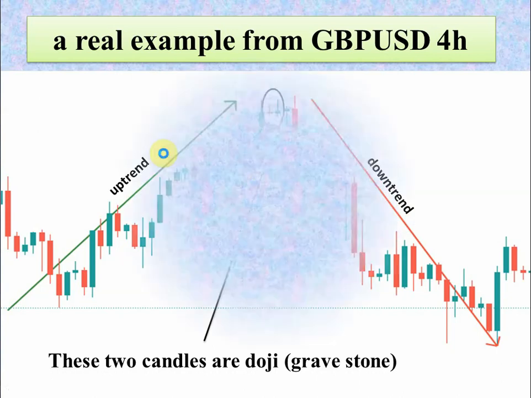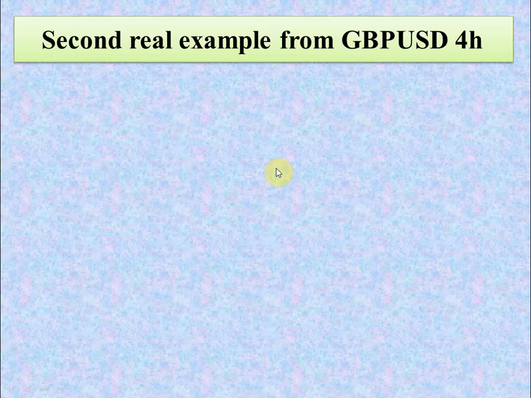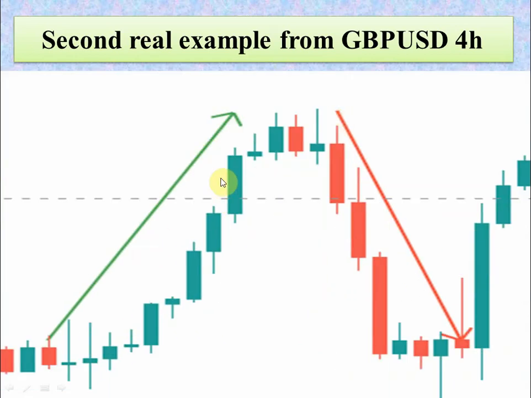Let's take a look at another example from GBPUSD at time frame 4 hour. Again, here we have an uptrend. After our uptrend at the top, we have two doji candles with green body. It doesn't matter whether our doji candle body is green or red.